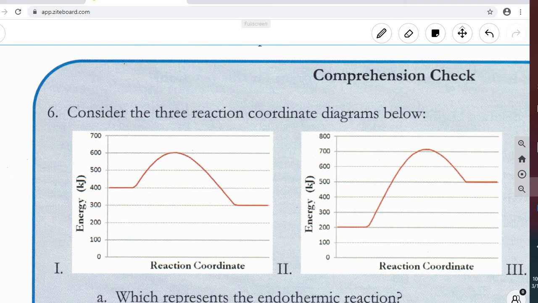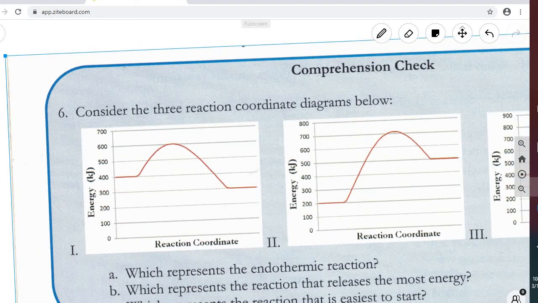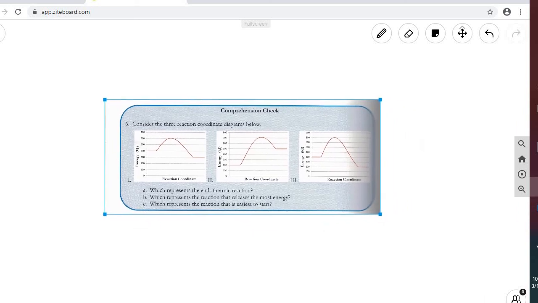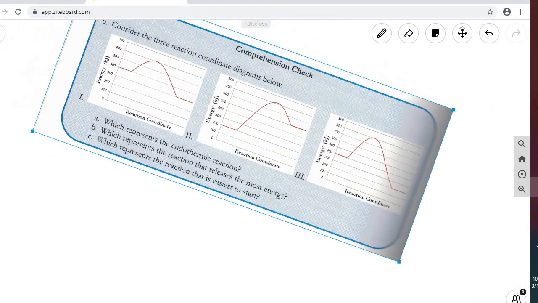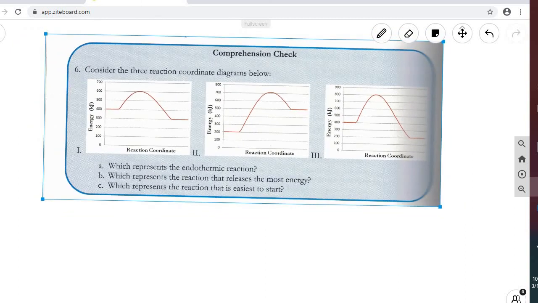Okay, so this figure is showing 3 different reactions, and we want to answer these questions related to this. So the first one said, which represents the endothermic reaction?